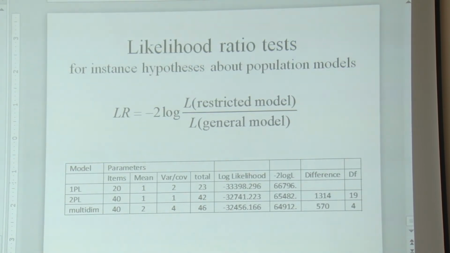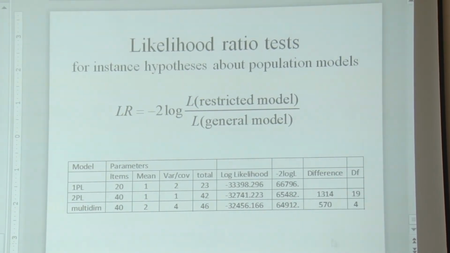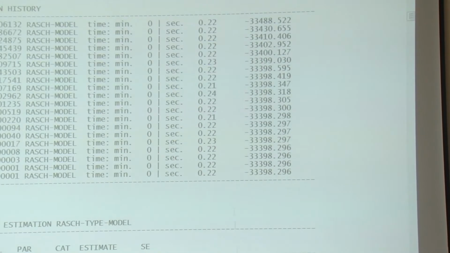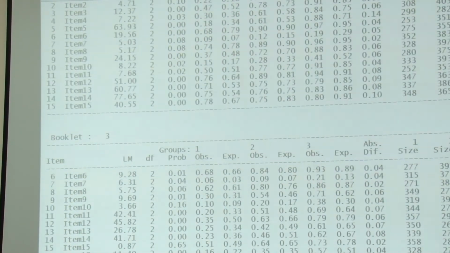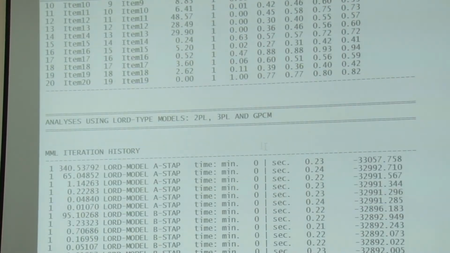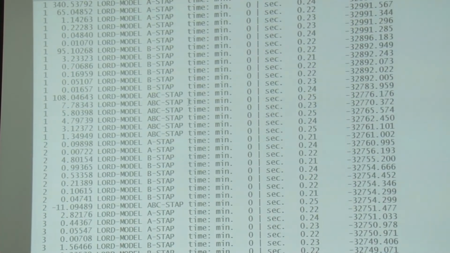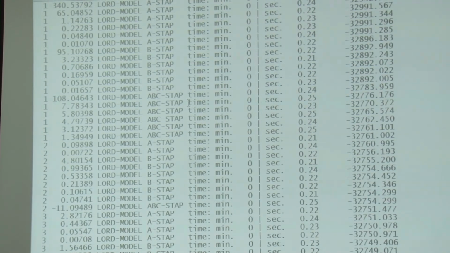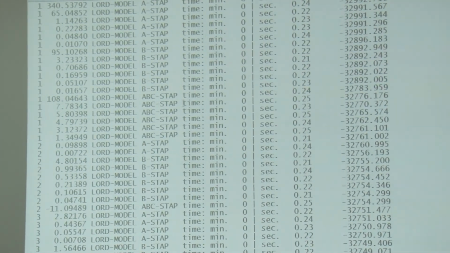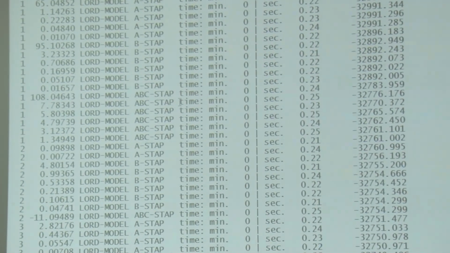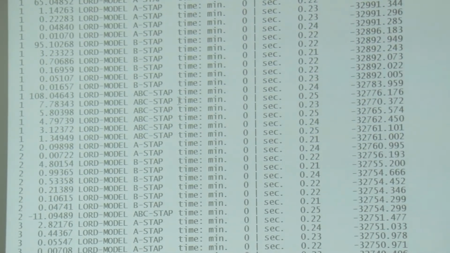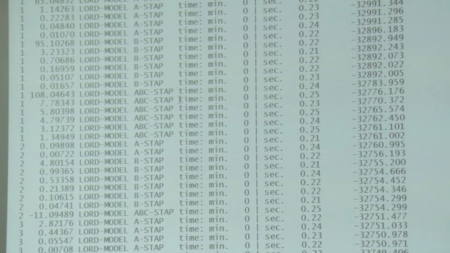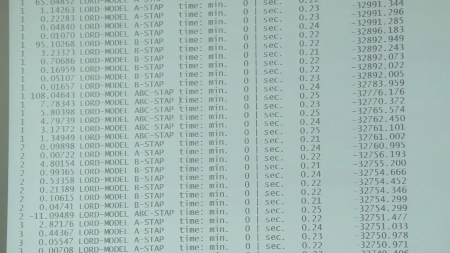Then we go on, and in the output he gives all the fit statistics, and at a certain point he starts estimating the 2PL, which is a much more tedious process, by the way, than the Rasch model. If you do it optimally, you can estimate the Rasch model in a nanosecond, and this one takes much longer.